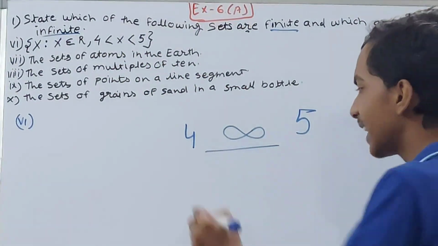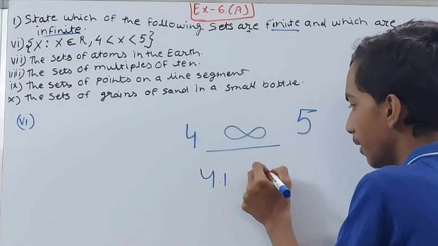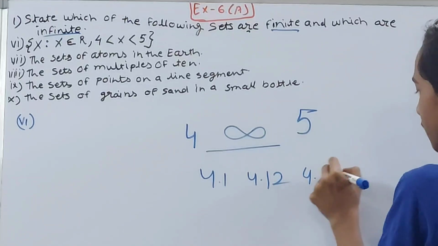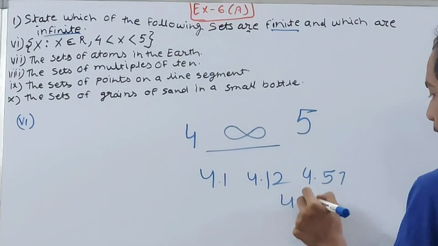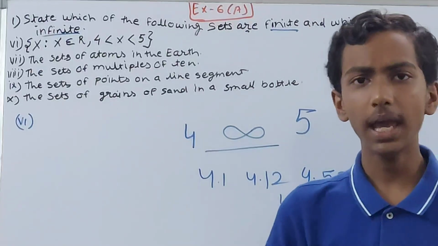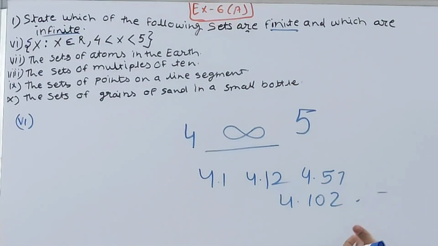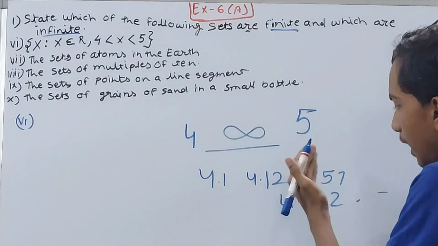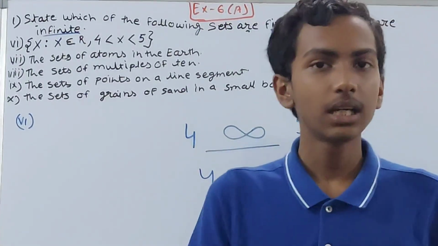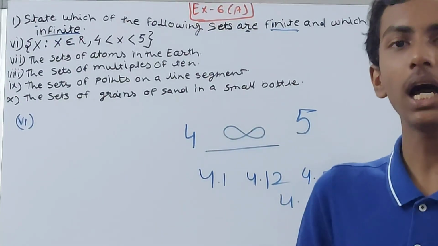So x can be 4.1, x can be 4.12, x can be 4.57, 4.102, and so on. Any value it can have, we don't know which value. And can you count it? If you keep on increasing the digits after the point, it can go to an endless number of digits. So it is actually uncountable.